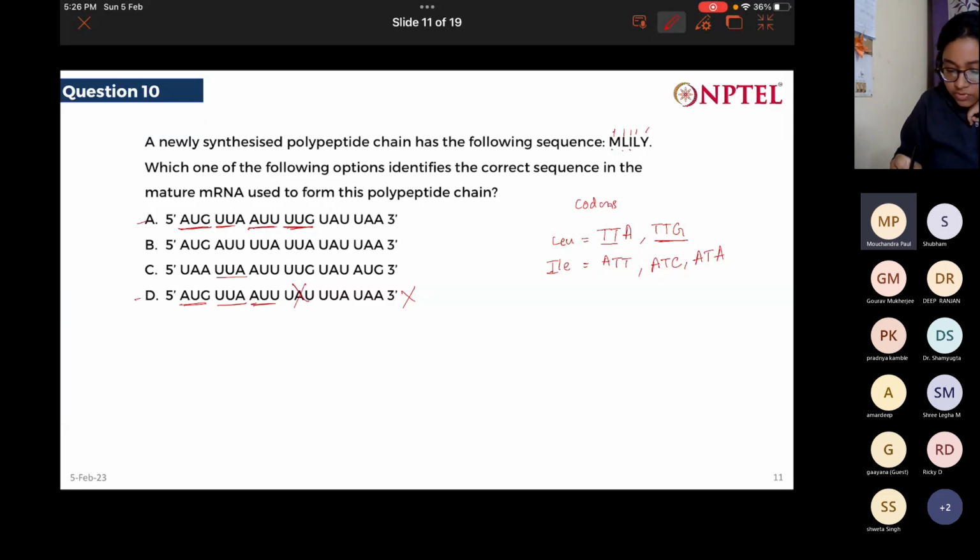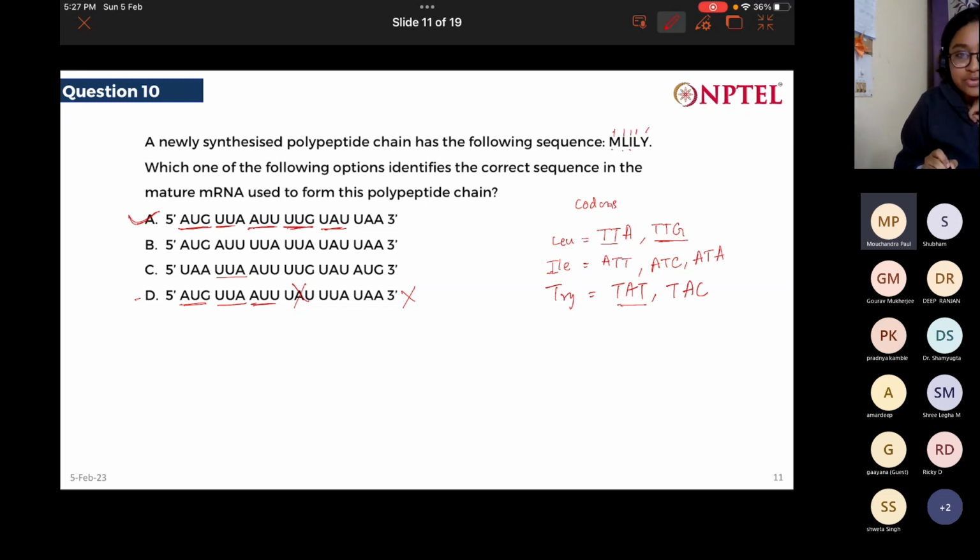I feel like this is the correct answer, but let's check the sequence for tyrosine as well. The codons for tyrosine are TAT and TAC, so in place of T you can put U. So my hunch was right, A was the correct answer.